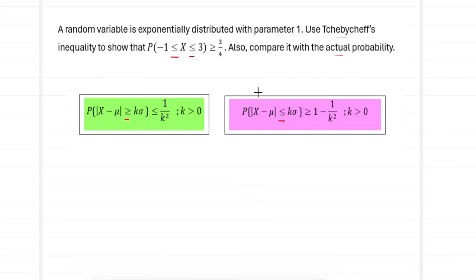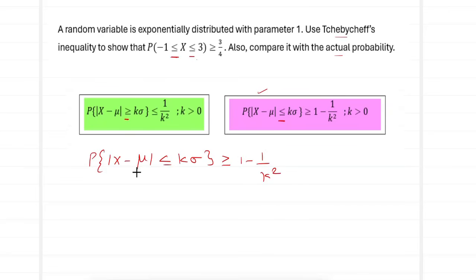So this suits much better than the other one, and we are going to opt for the second inequality. So we have probability of modulus of x minus mu less than or equal to k sigma to be greater than or equal to 1 minus 1 by k square.